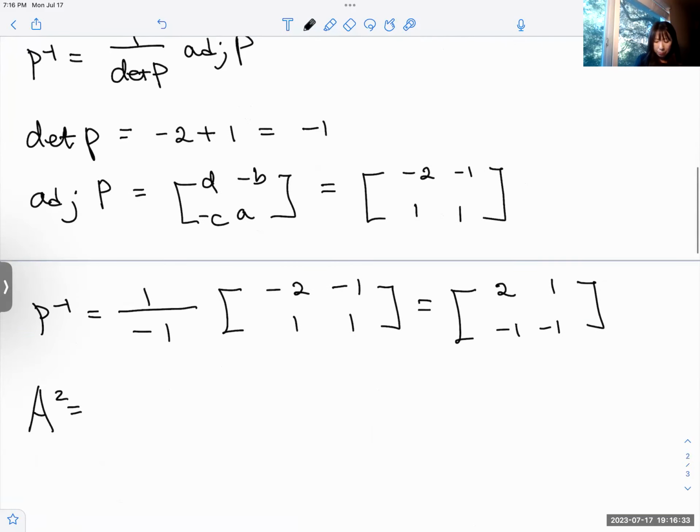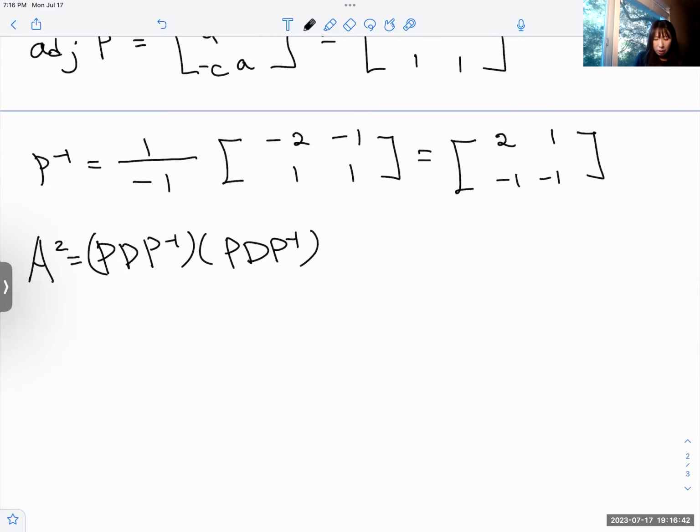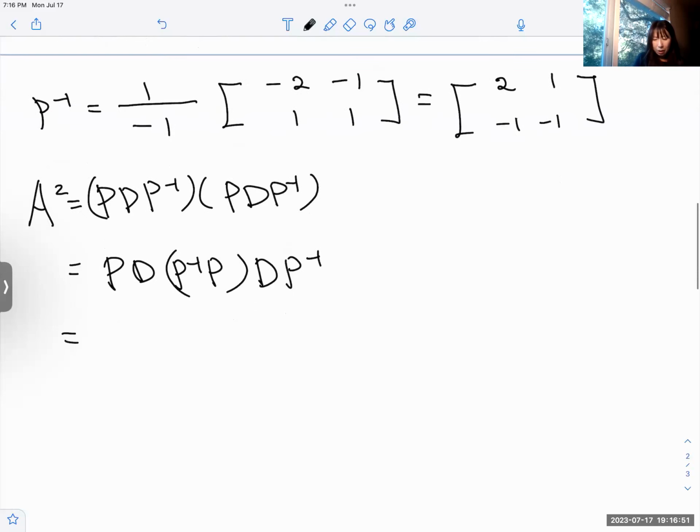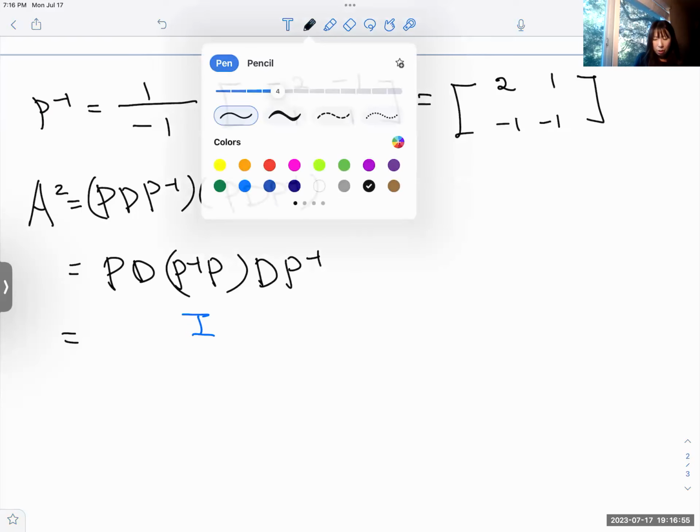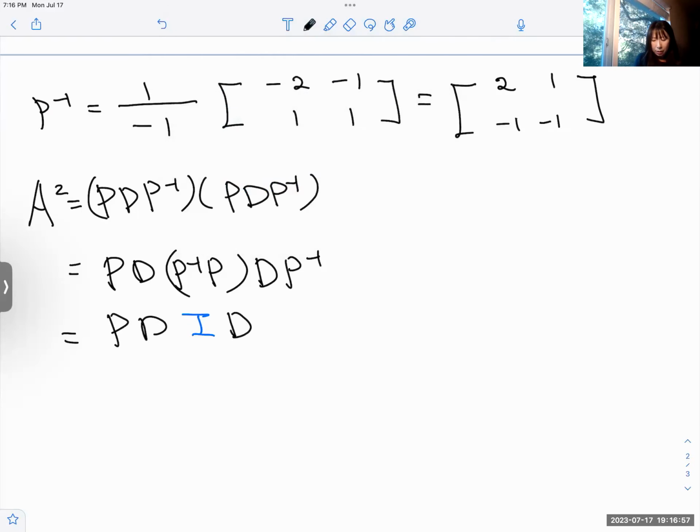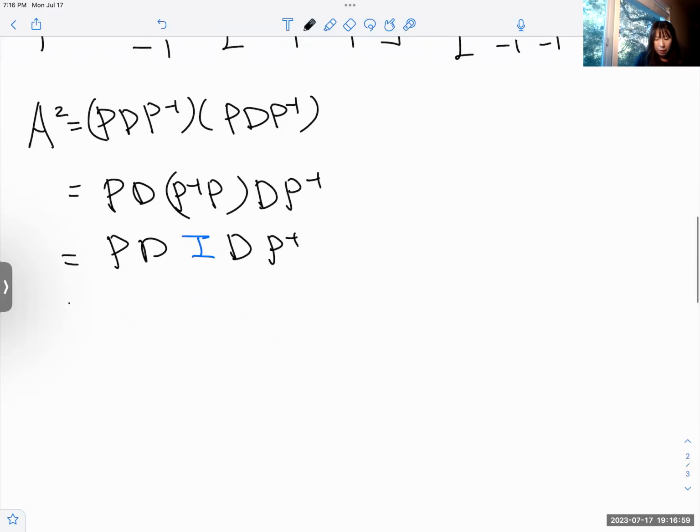So we have P D inverse of P times P D inverse of P, and in the middle there will be identity. So we will have P D squared inverse of P, right?